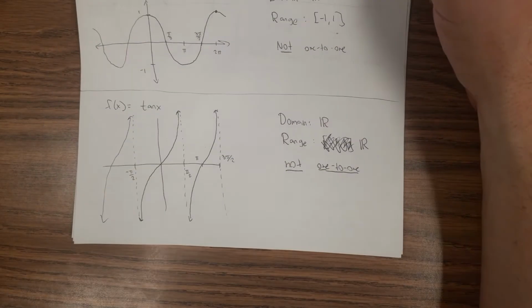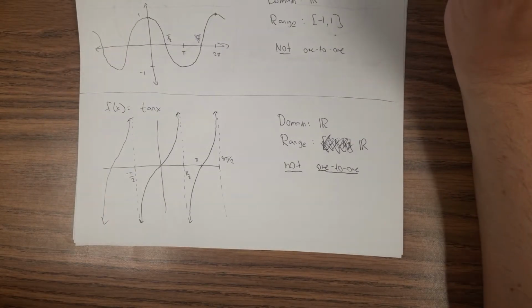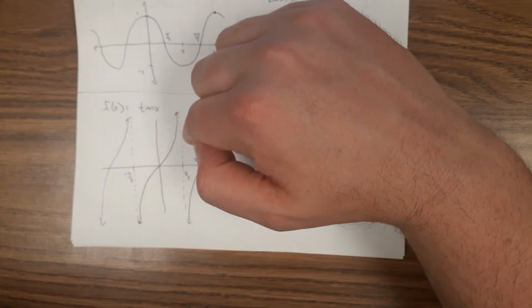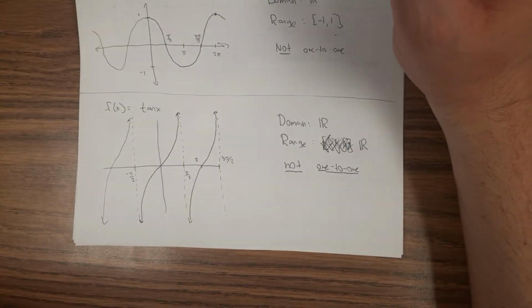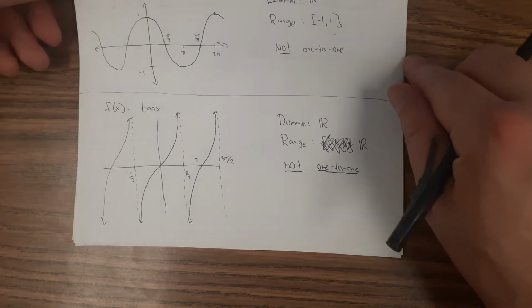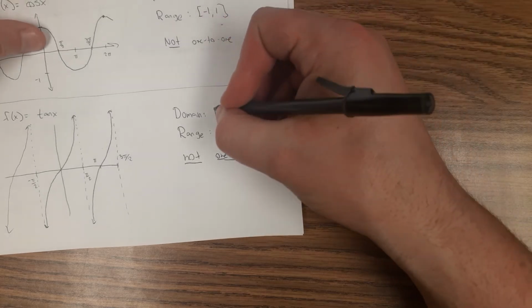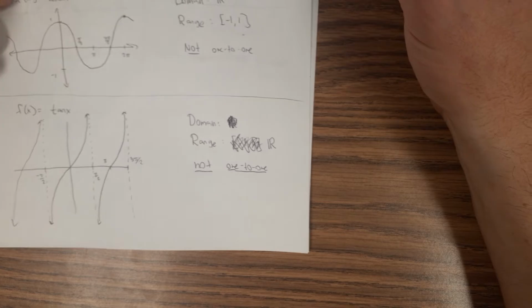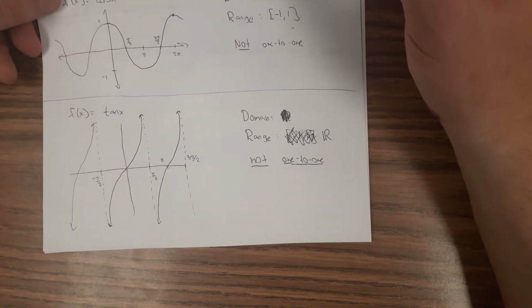Let's talk about tan x. Right, so here's a graph of tangent x, and I already realize that I made a mistake. The domain of this is not all real numbers.